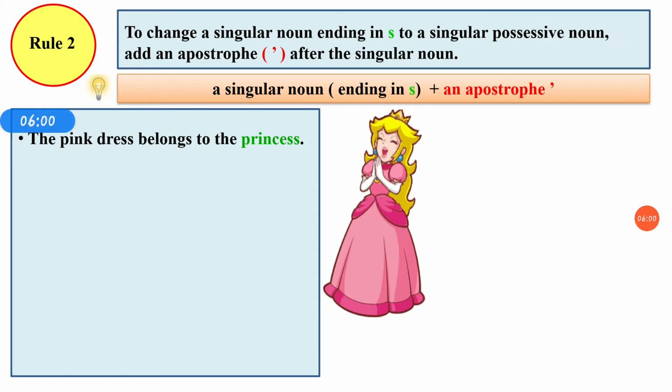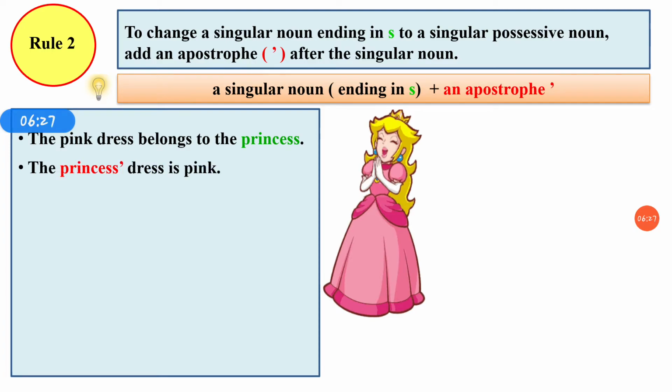Examples: the pink dress belongs to the princess. Whose dress is it? This is princess' dress. To show the possession of the pink dress, see here the word princess ends with the s. We just add apostrophe after the singular noun princess.